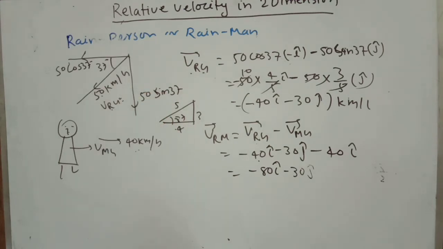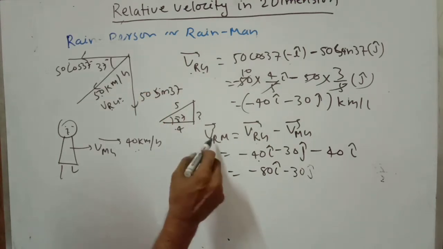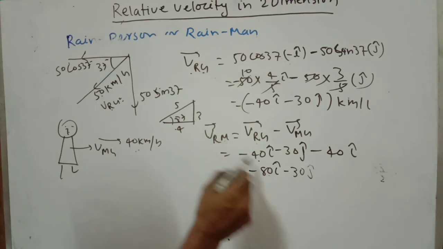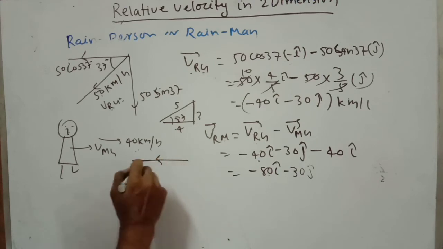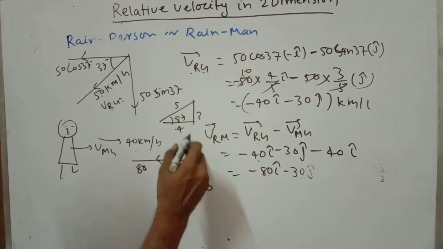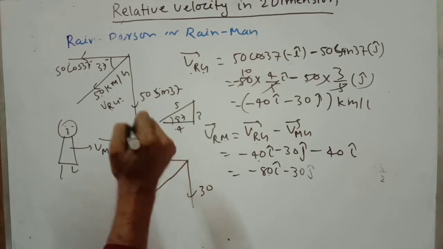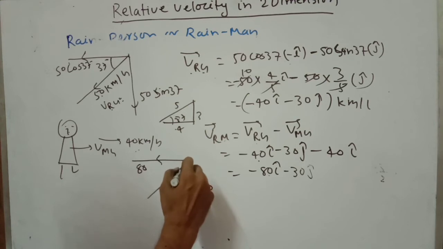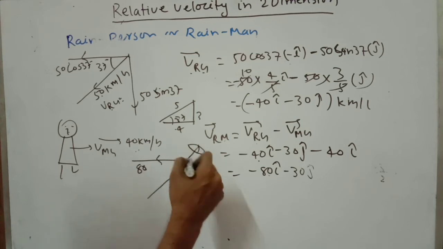Now what is the angle? Let's see, first of all draw the vector diagram of velocity of rain with respect to man. It's 80 in this direction and 30 in this direction, so the resultant will obviously go in this direction. What is the angle made by the head of the man and the umbrella? The umbrella should obviously be in this direction.